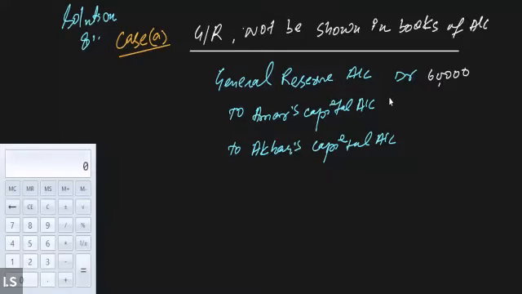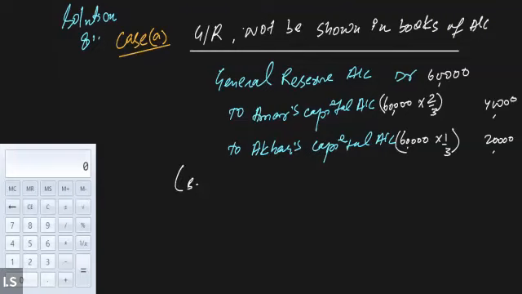When you divide 60,000 in the ratio 2:1, Amar's share is 2/3 and Akhar's share is 1/3. So Akhar will get 20,000, and Amar's capital account will be credited by 40,000.